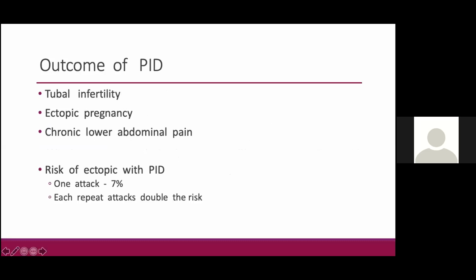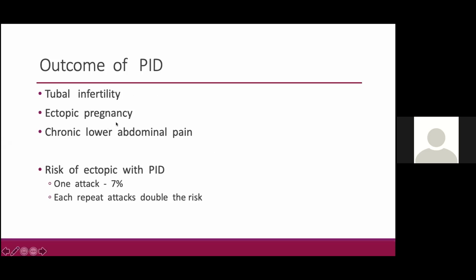Right, so if somebody gets PID and you don't treat, the tubes can get damaged because the infection starts to ascend from the lower vagina to the upper vagina, to the tubes and ovaries, right? So they can have tubal infertility.